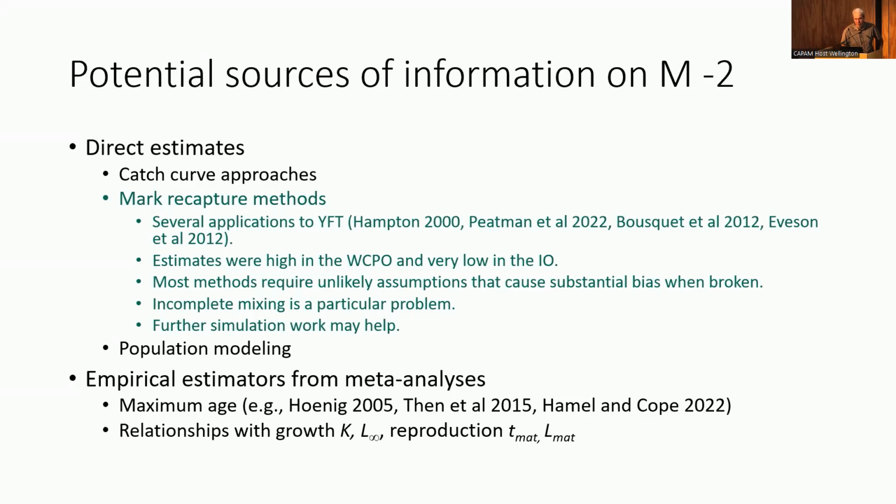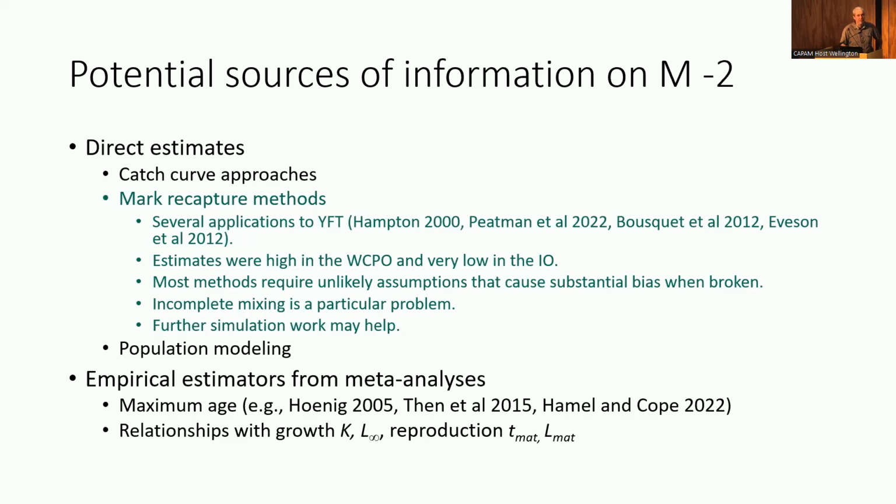And one of the problems with estimates from mark recapture methods is that these methods, when you're estimating natural mortality, require assumptions that, for the ways tuna are tagged, are quite unlikely. And when you're trying to estimate natural mortality, they can cause substantial bias when the assumptions are broken.